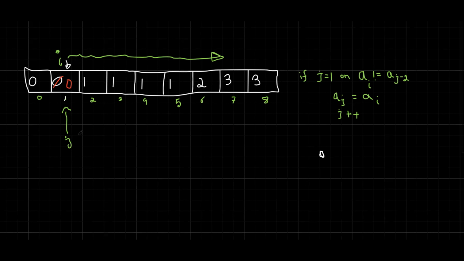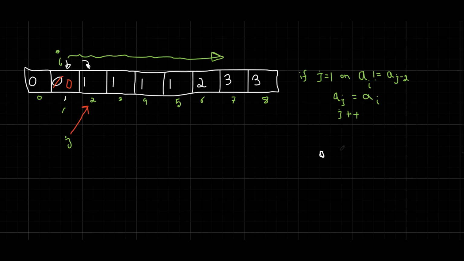Now, after putting 0 here, we have to upgrade our j pointer. So currently our j is pointing to this element, and our current I is pointing to this element.